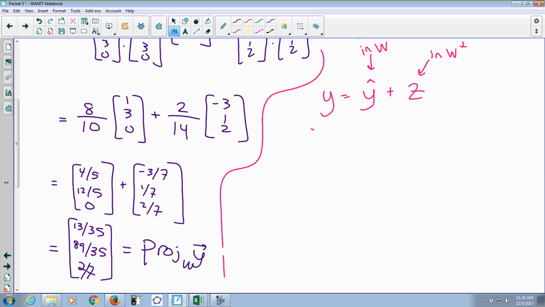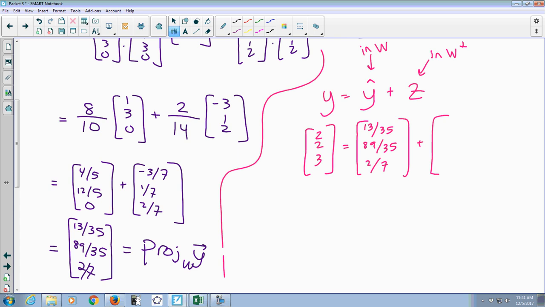So y was (2, 2, 3). I want to write that as y hat, which I already found, 13 over 35, 89 over 35, and 2/7, plus another vector. So you just have to figure out 13 over 35 plus what gives you 2. This is the subtraction part. To find the z, you just do y minus y hat.